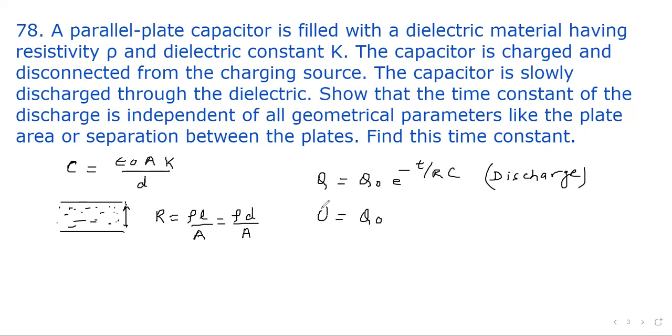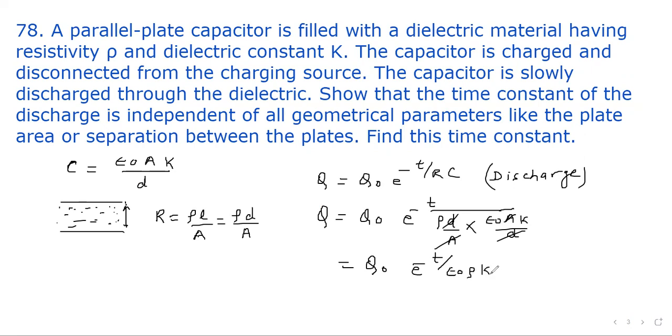R is rho D divided by A, into C which is epsilon naught A K divided by D. So D will cancel out, A will cancel out, and we will get Q0 e to the power minus t divided by epsilon naught rho times K. So here, this is the time constant.